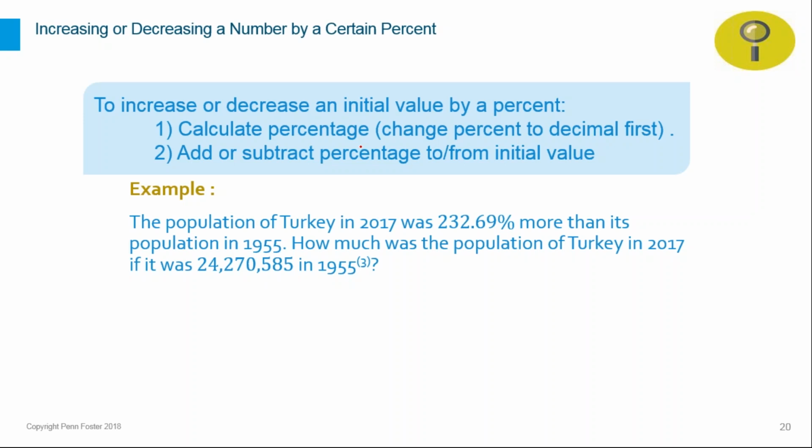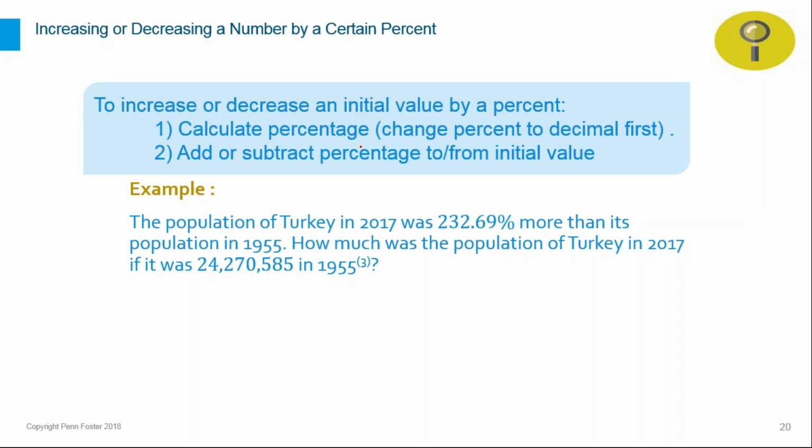The population of Turkey, not the bird, the country. The population of Turkey in 2017 was 232.69% more than its population back in 1955. How much was the population of Turkey in 2017 if it was 24,270,585 in 1955? So again, let's summarize.